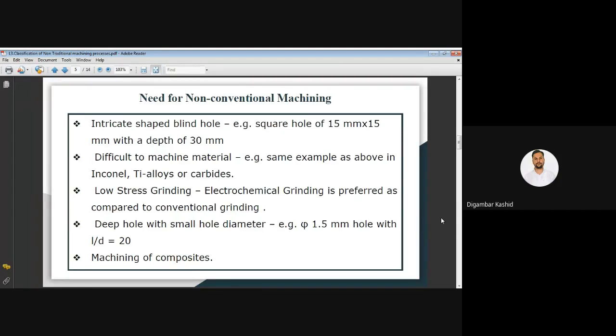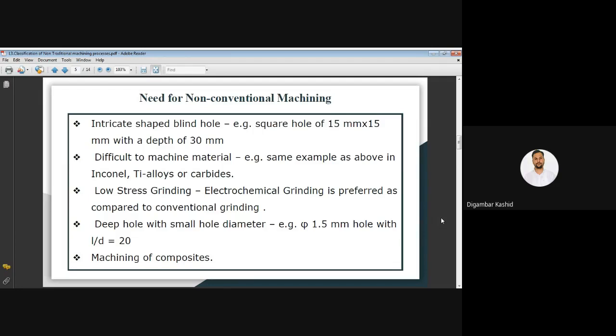So the non-traditional machining processes in the industry are efficient as well as economic alternatives to conventional machining. In general, this is the need for non-conventional machining.